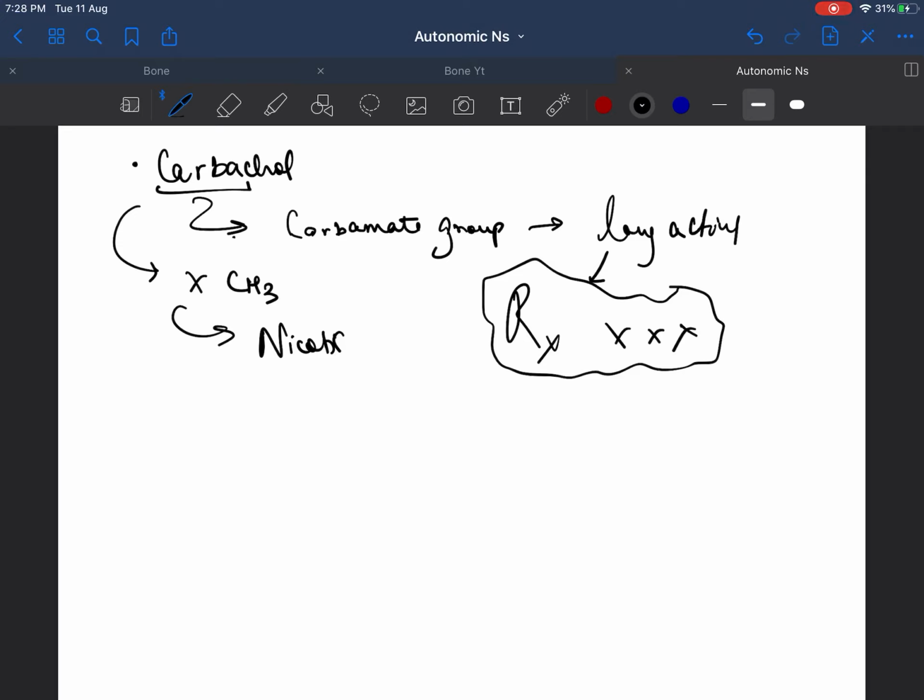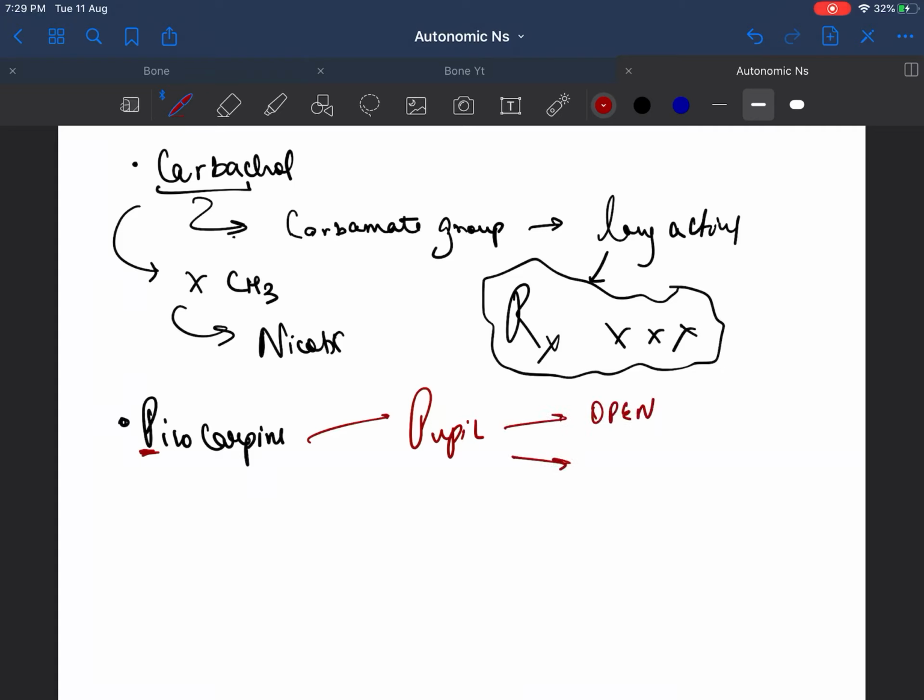Now coming to pilocarpine, a very important drug. Pilocarpine has two main functions. You can remember from the name, P, it acts on the pupil, and it is useful in open and closed angle glaucoma.